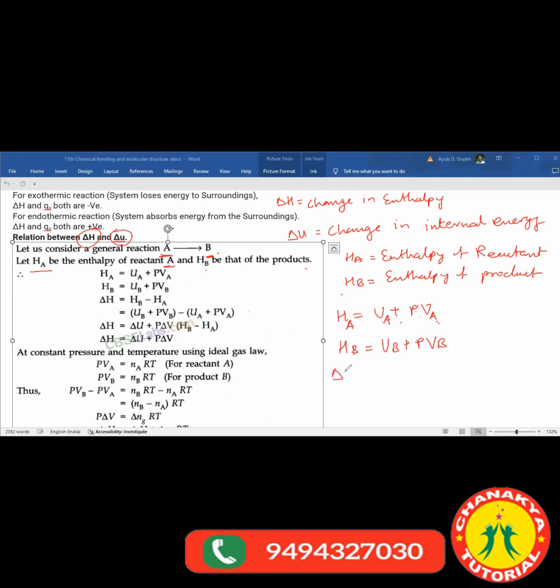What do you mean by delta H? It is the change in enthalpy, meaning final enthalpy minus initial enthalpy. Final enthalpy is the enthalpy of the product, initial enthalpy is the enthalpy of the reactant. Suppose these are equations 1, 2 and 3. The values of equations 1 and 2 you put into equation 3.